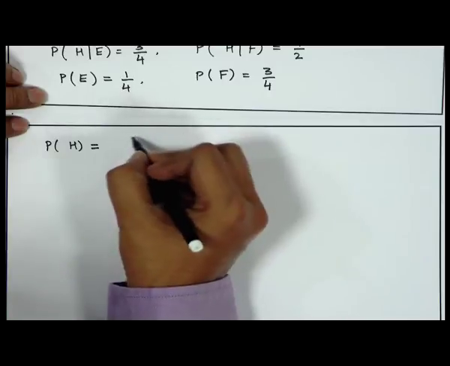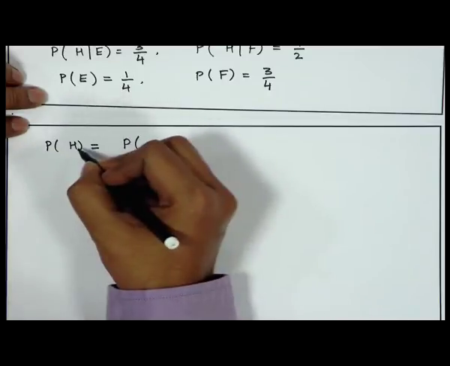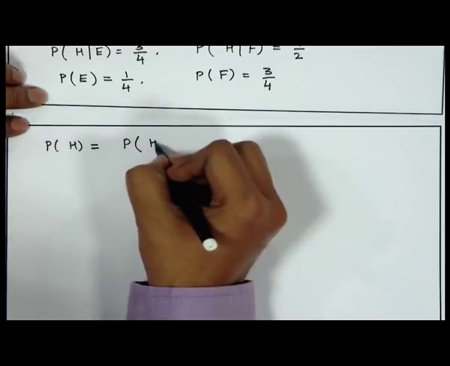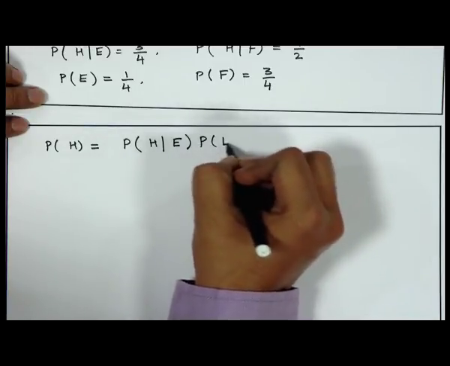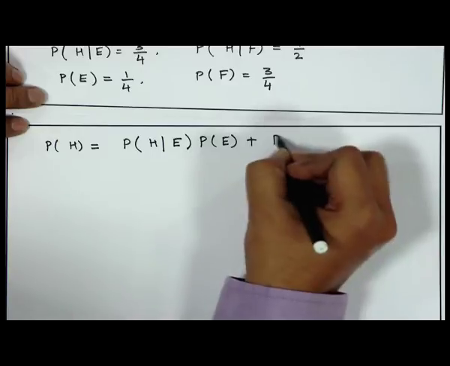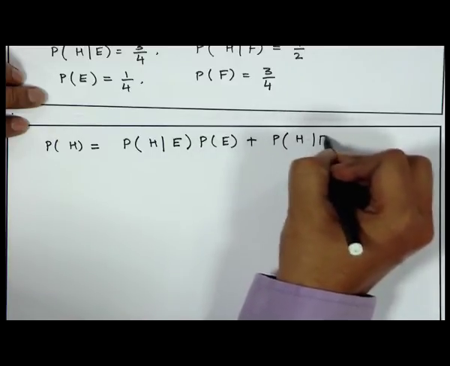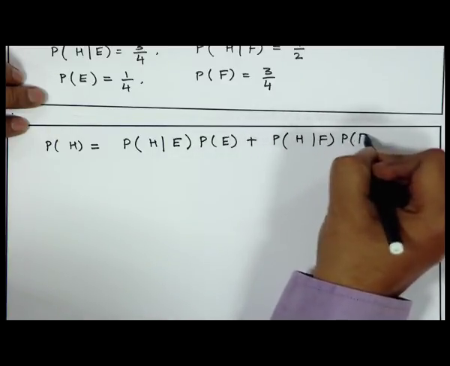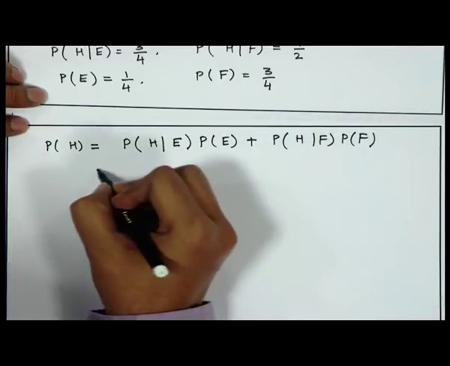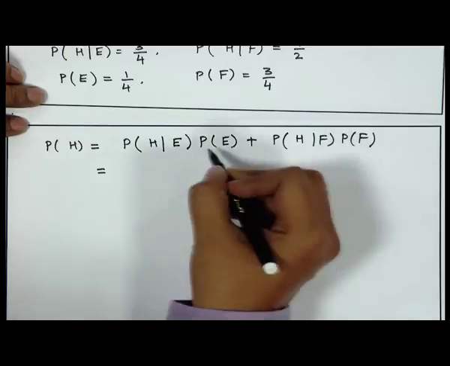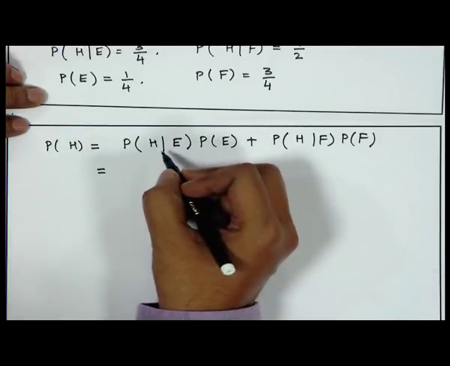So, the probability of H is, now if we apply the theorem of total probability, then it is H given E into probability of E plus probability of H given F into probability of F. All the terms which are given in this equation, they are available to us.